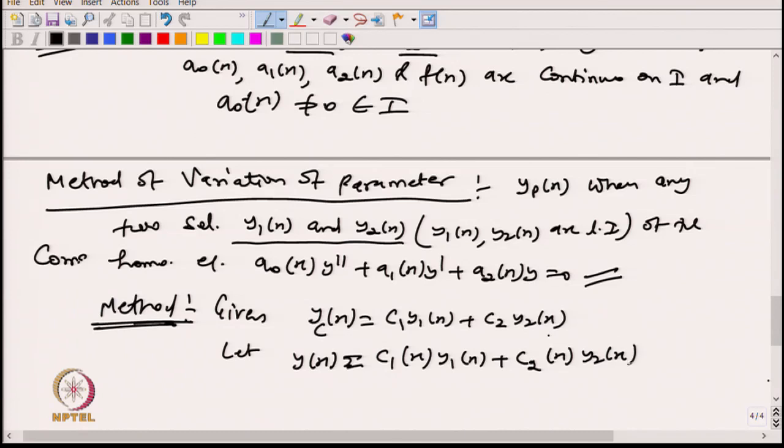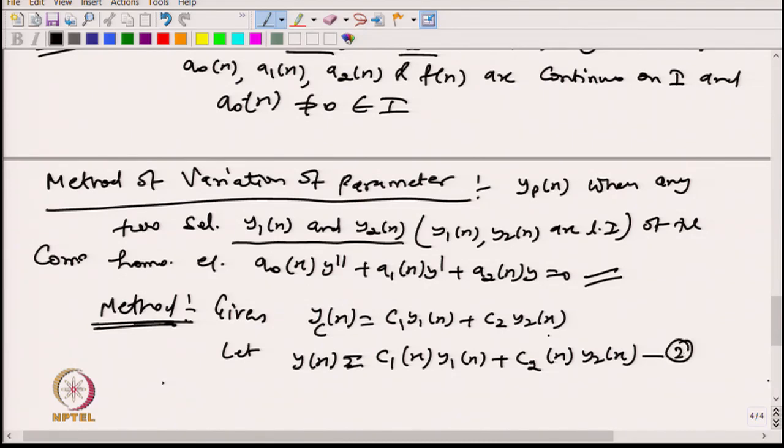I am assuming that c1(x) and c2(x) are functions of x instead of the constants we had taken. As the method of variation of parameters says, c1 and c2 are the parameters and they are varying, as functions of x. Let this be equation 2.